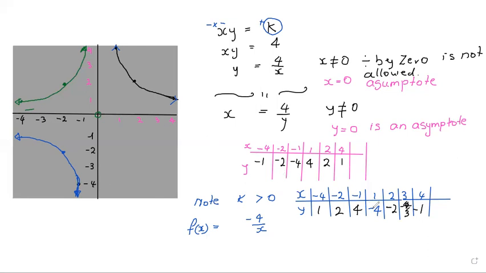When x is a 1, y is a minus 4. When x is a 2, y is a negative 2. When x is a 4, y is a 1 there. The function must be like that.